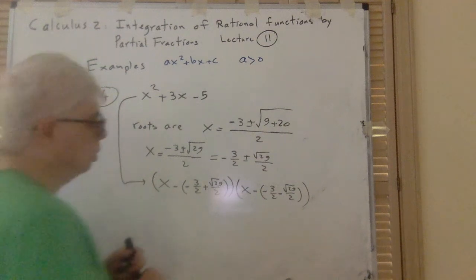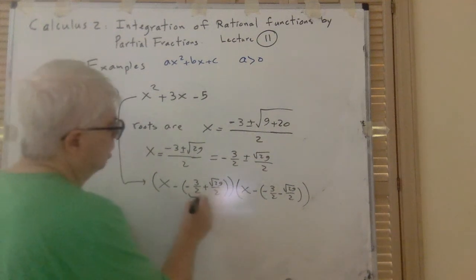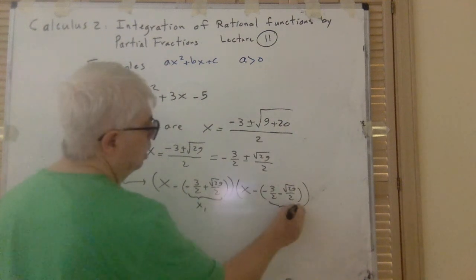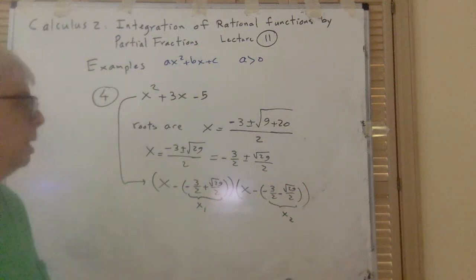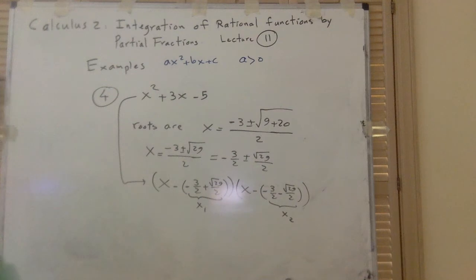Write it like this, so this is before your eyes, and this is in fact one of the roots, x1, and this is your x2. Okay. So let me double check b squared minus 4ac, that's correct, I guess. Anyway, that is how you factor by finding the roots: x minus x1, x minus x2.